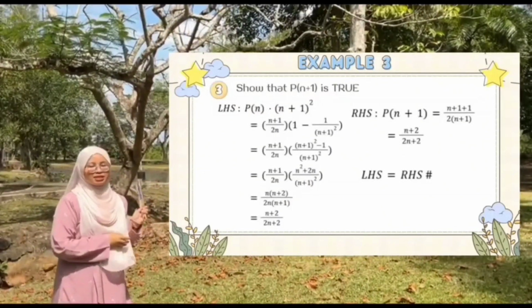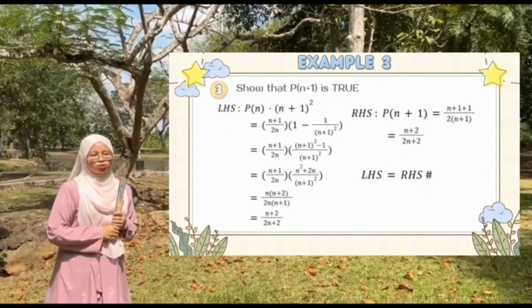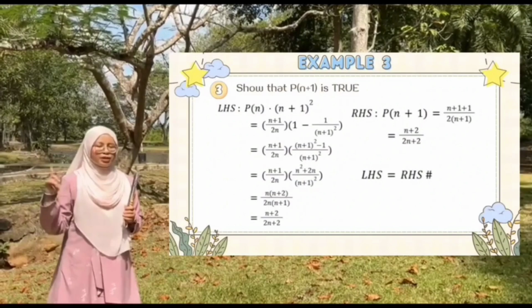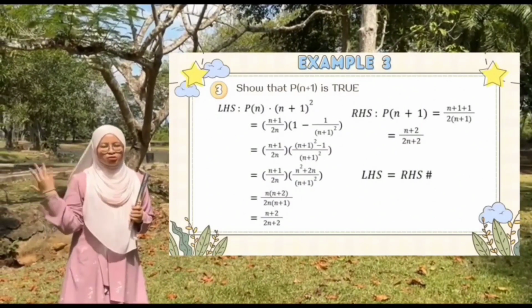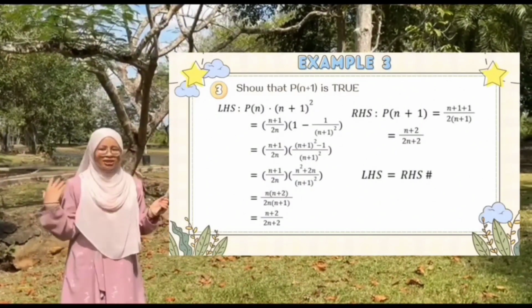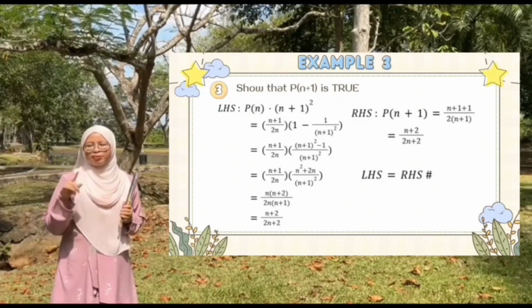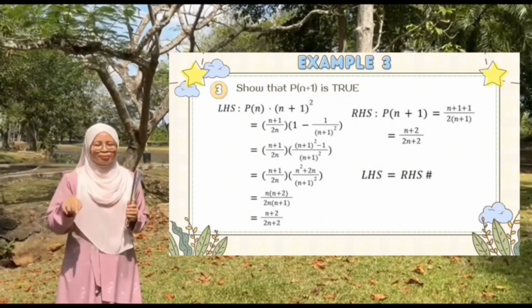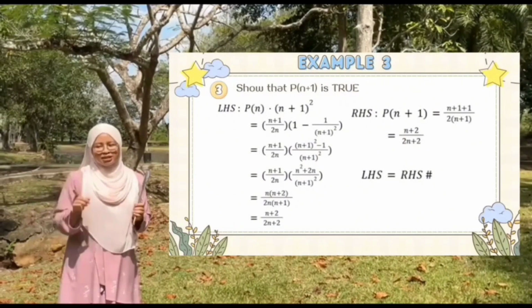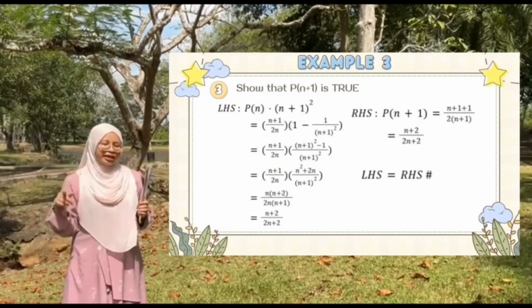And then the last step, the third step, we also need to show that Pn plus 1 is true, by using comparison between the right-hand side and left-hand side. For the right-hand side, Pn plus 1 equals n plus 1 plus 1 over 2 times n plus 1, where the answer is n plus 2 over 2n plus 2.